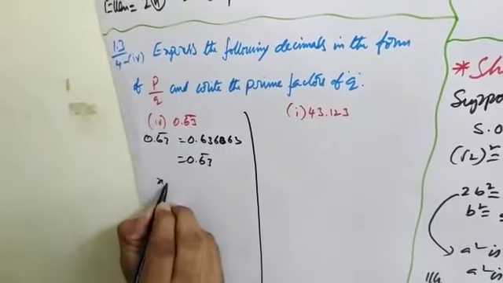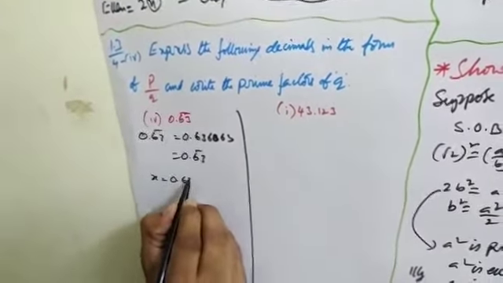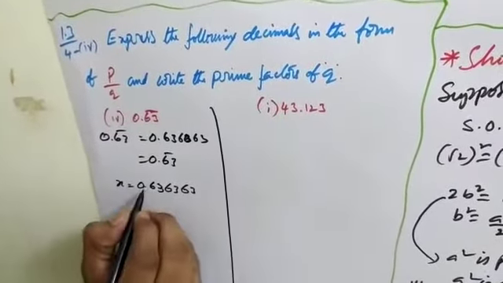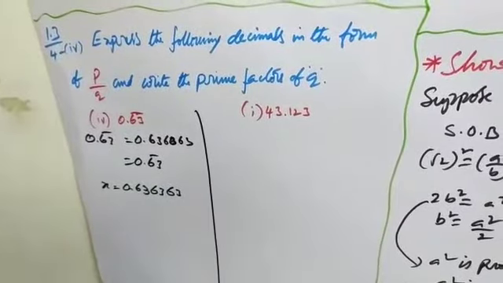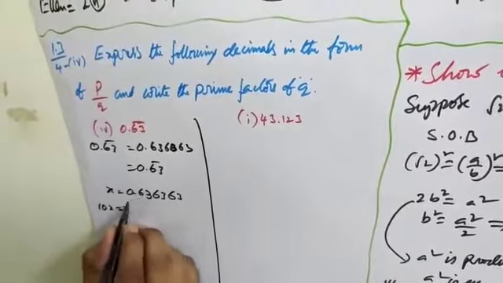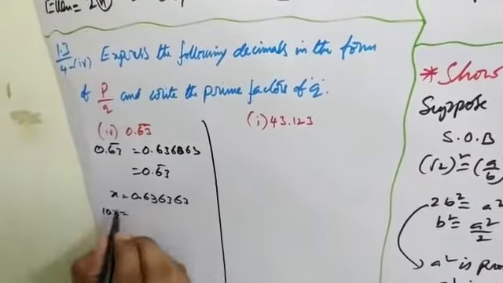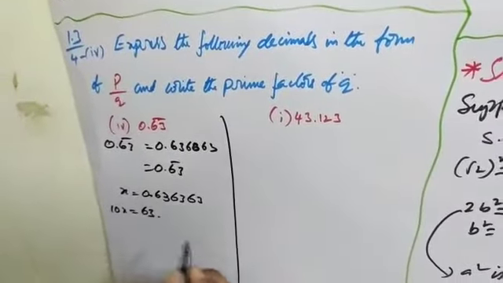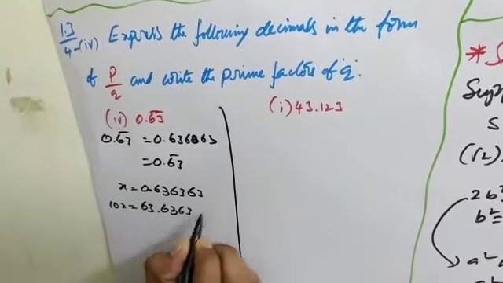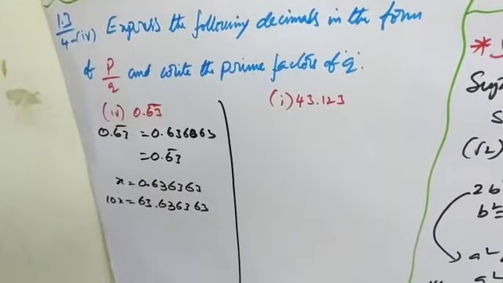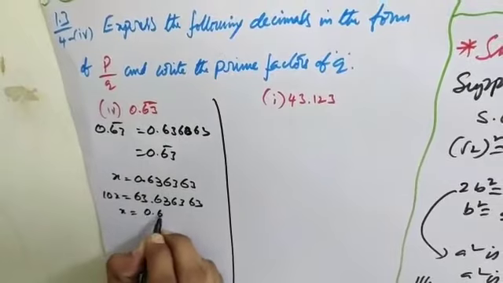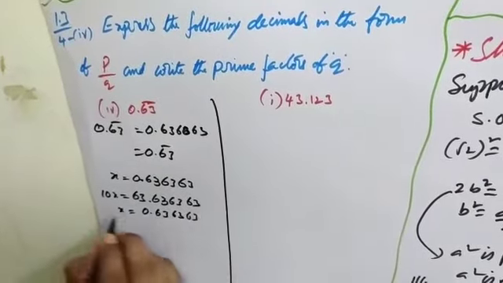See, let us take x is equal to 0.63 repeating. Multiplying with 10 on both sides, therefore 10x is equal to how many? The point moves, and the 2 digits come to the right side of the point, therefore 63.63.